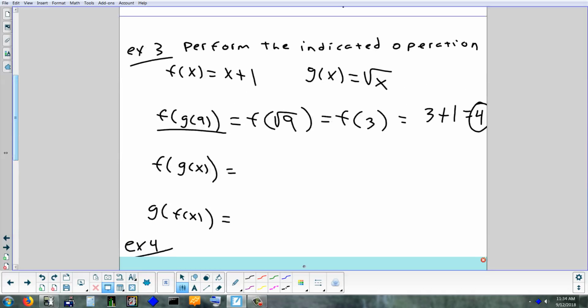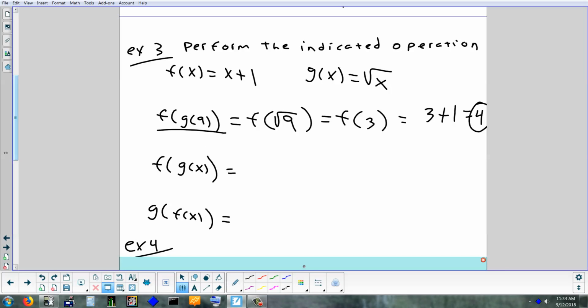Okay, so let's start with f of g of x. Can anyone tell me, you don't have to give me the final answer, just tell me how I would start to set that up. Well, Ryan? Plug the x into the x, plug one into the other.